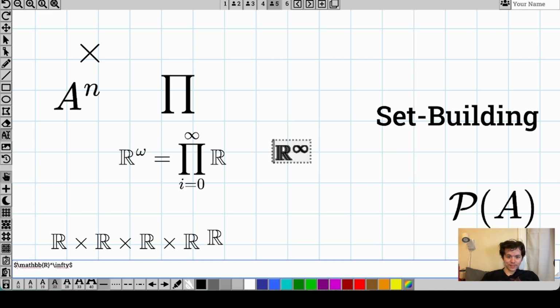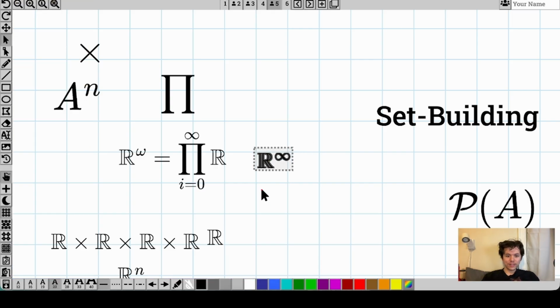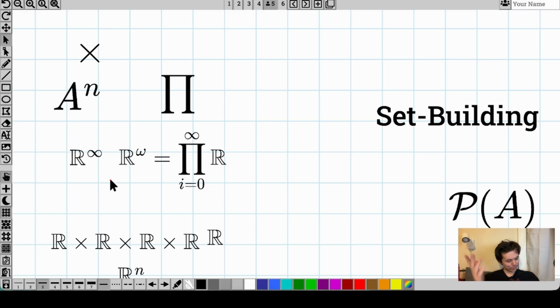If you know linear algebra, these 2 spaces, R omega and R infinity, are dual spaces to each other as linear duals. So in some sense they're mirror images, but they're not equal, or not isomorphic. For finite dimensional spaces, they're all isomorphic.